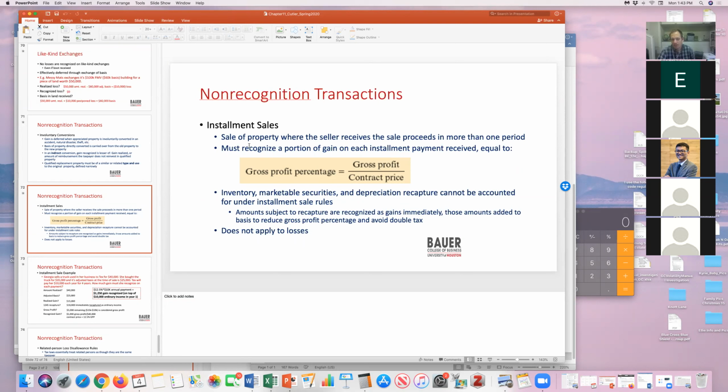I just have to calculate, of the total payment that I'm getting, my total contract price, I'm going to take amount realized minus basis, basically, and I'm going to have a gain. That gain divided by the full amount realized, we're calling that gross profit percentage. That's the percentage of the payment that I get each year that I recognize as income each year.